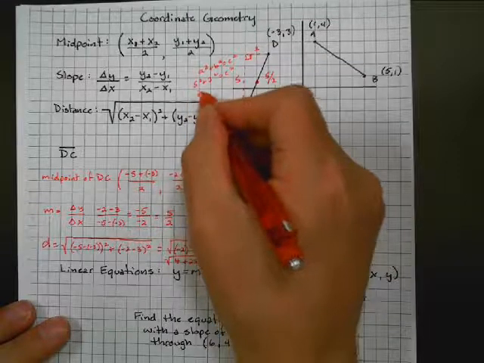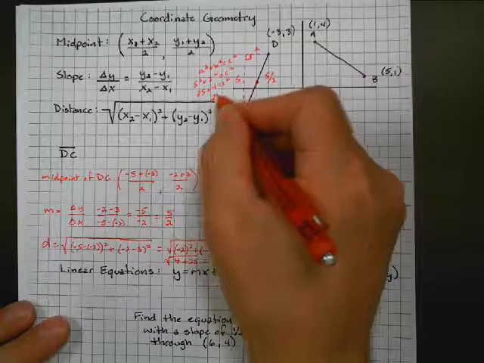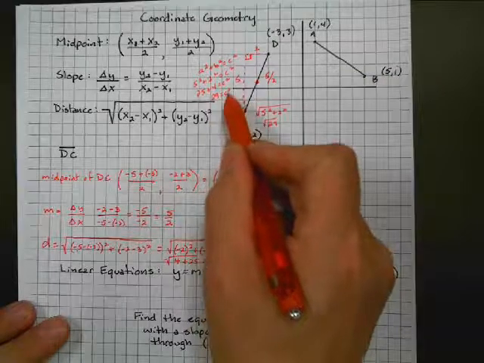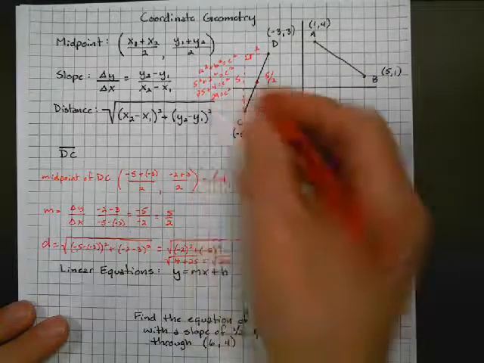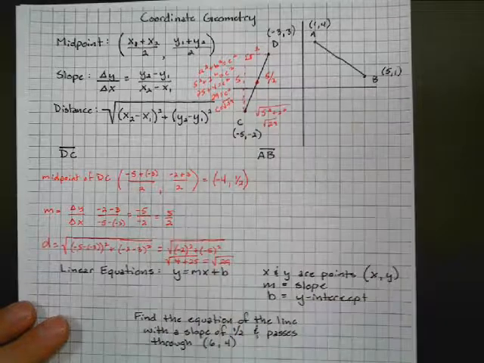So I get 25 plus 4 equals c squared. So I get 29 equals c squared. And then I want c, not c squared, and the opposite of squaring is to take the square root. So c would be equal to the square root of 29. So you could do it like that.